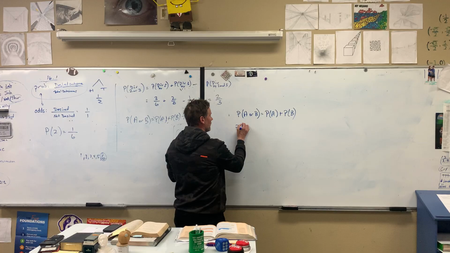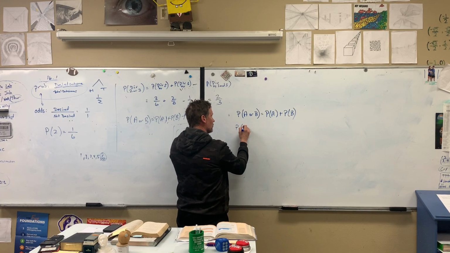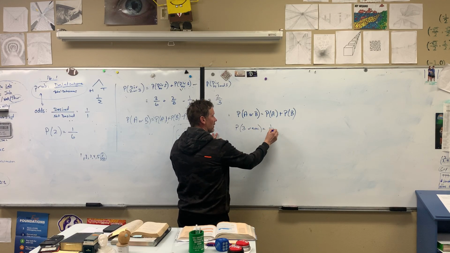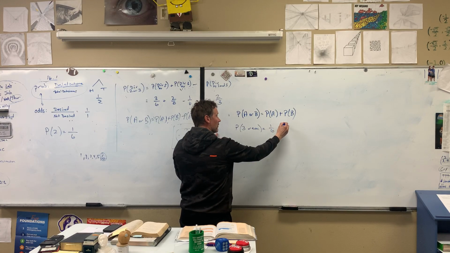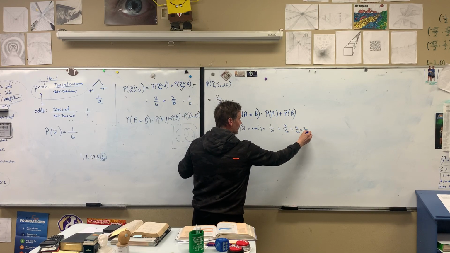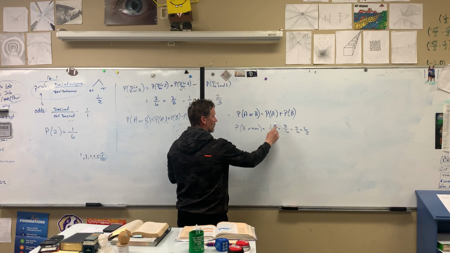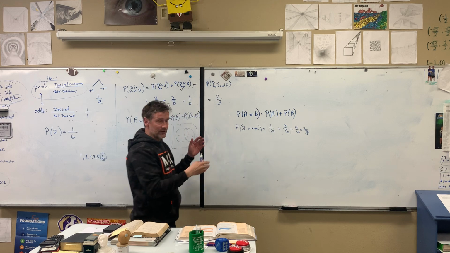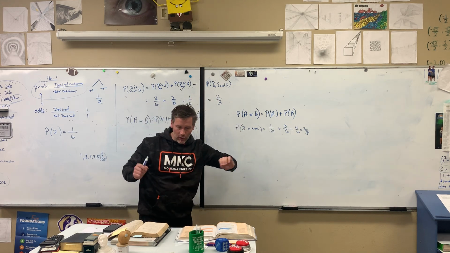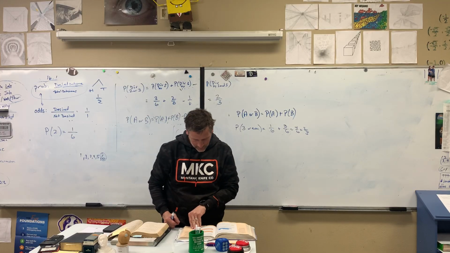For example, the probability that you roll a 3 or an even number: the probability of a 3 is 1 out of 6, the probability of an even number is 3 out of 6, so you get 4 out of 6, which is 2/3. Since there's no overlap, there's no subtraction, and so they are mutually exclusive.